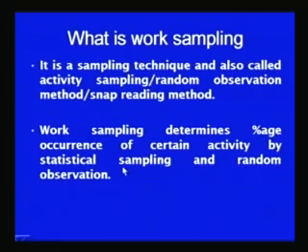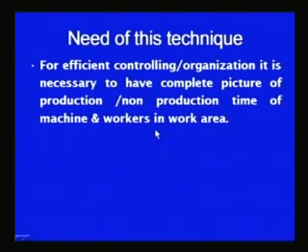The random observation of the work area is very important to find out any meaningful inferences from the study and to conclude in a positive way. As we know, for efficient operation and control of the shop floor, it is necessary to know what is going on in the shop floor, and what is the percentage of time in which work is actually being done.